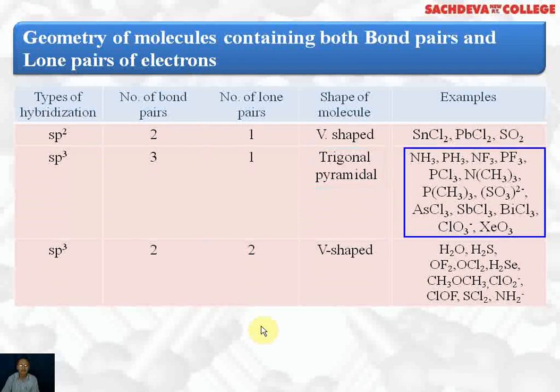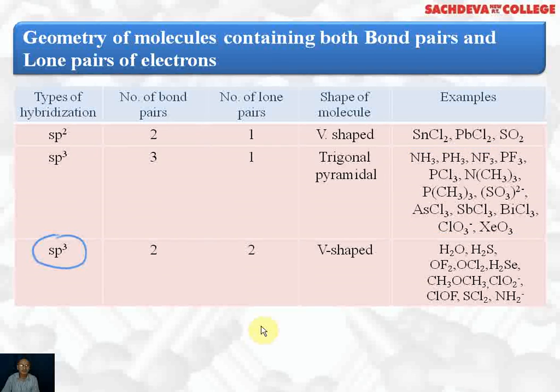Examples are ammonia, PH3, NF3, PF3, PCl3, trimethylamine, trimethylphosphine, AsCl3, SbCl3, BiCl3, ClO3 minus, that is chlorate ion, XeO3.